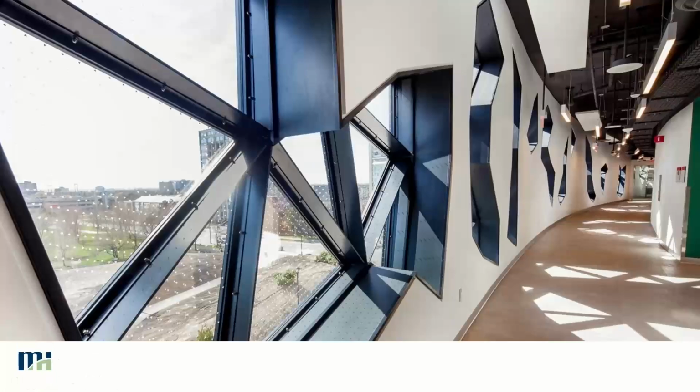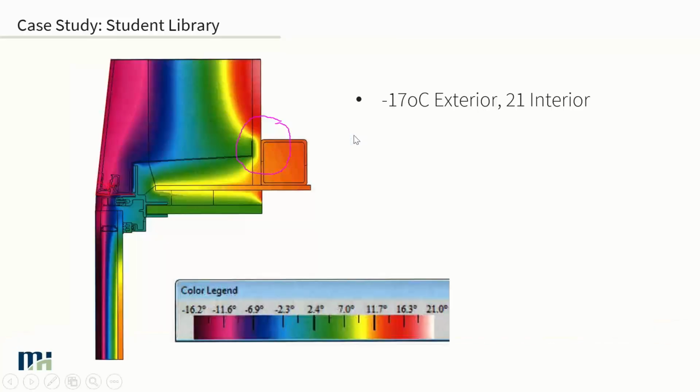So let's take an example of a more complex glazing system. You can see here it's a curtain wall system, but it's got this spoke here. Now, if you were to do this in 2D, are you able to capture all that well?